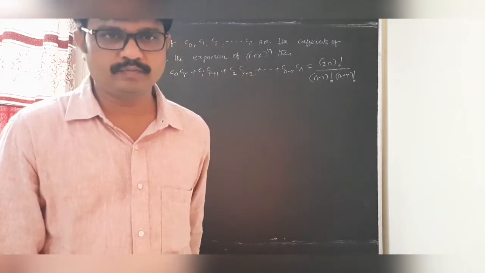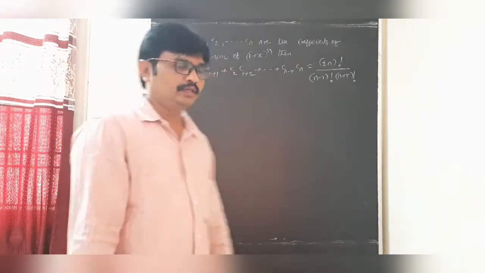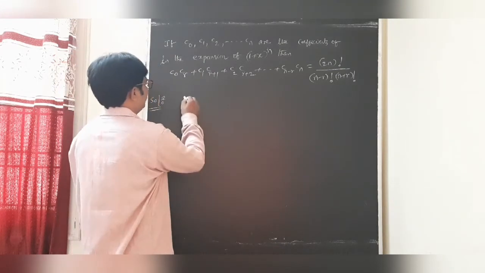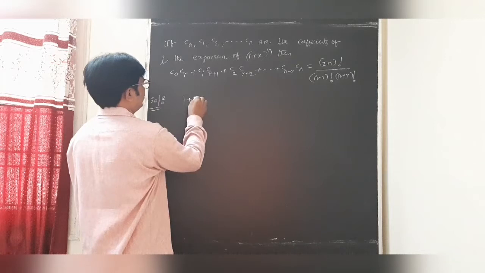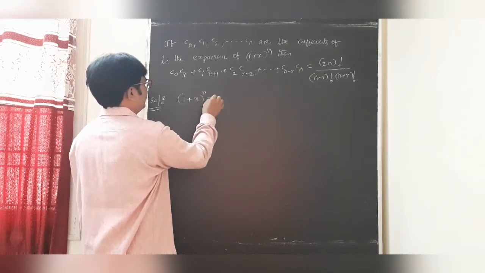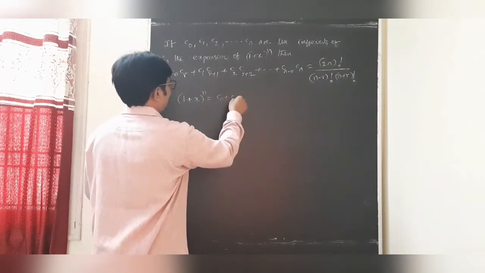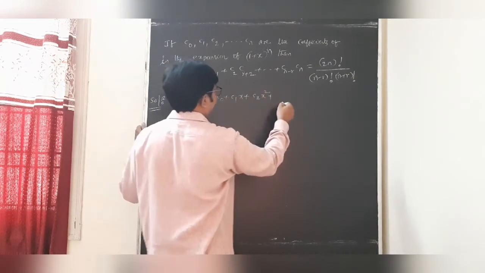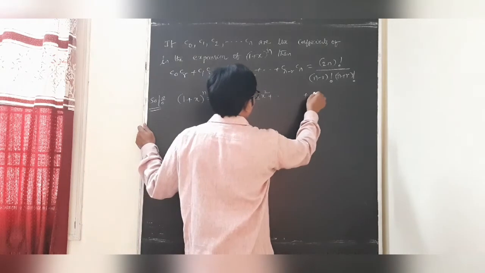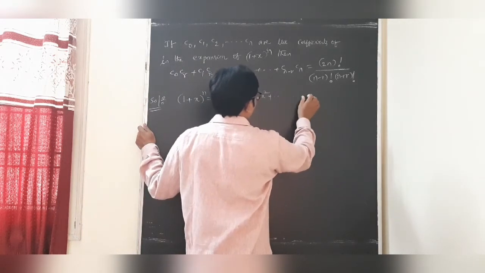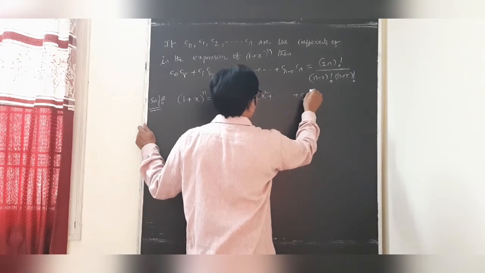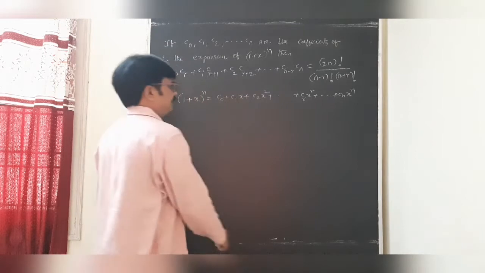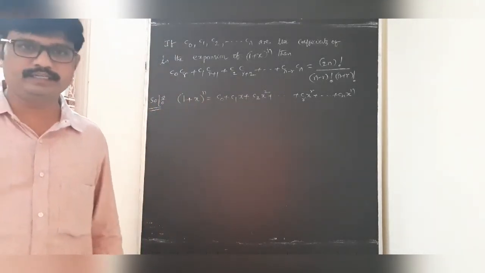Okay, students, how can you write this? We have to know that the expansion of (1 + x)^n is C0 + C1x + C2x² + and so on, up to Cr x^r, up to Cn x^n.